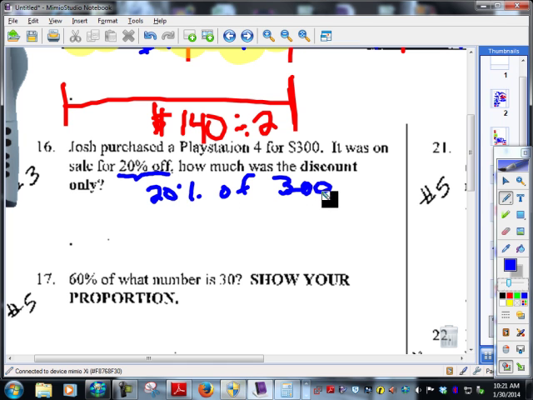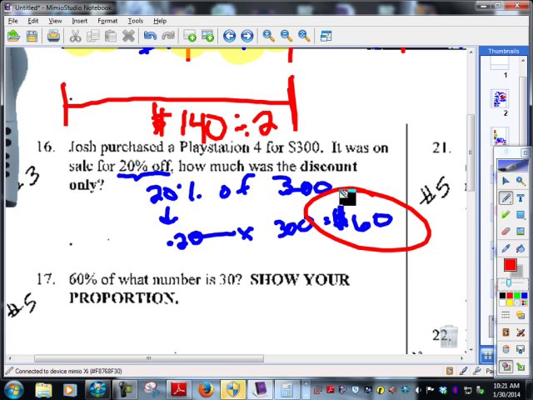Right, guys? 20 becomes 0.20. Of becomes multiply. 300. The answer is $60. Now, if I was asking you the new price after the discount, you would do the $300 original price, and you would subtract the $60.